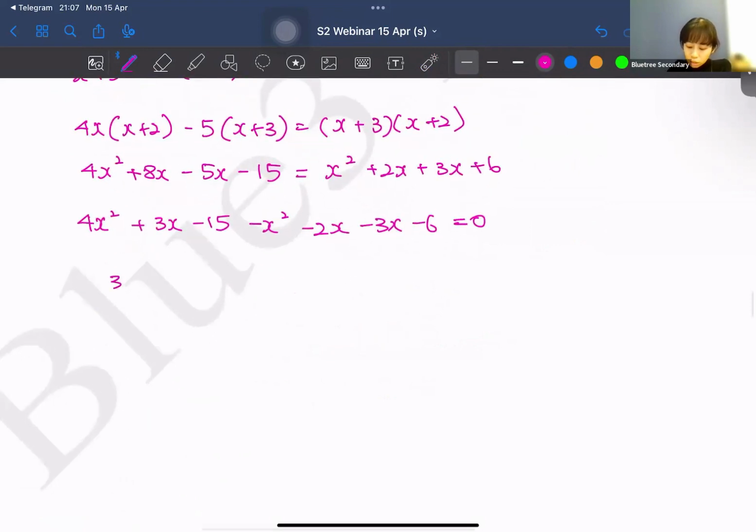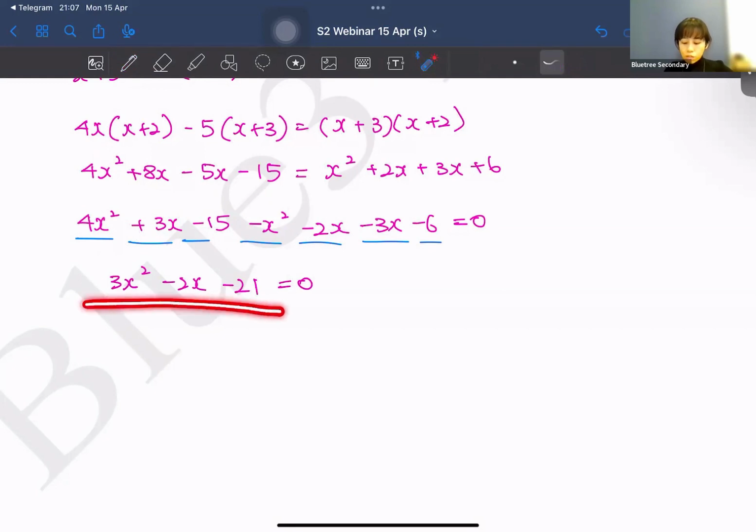Combine all your like terms together. Then do your cross factorization for the left-hand side.